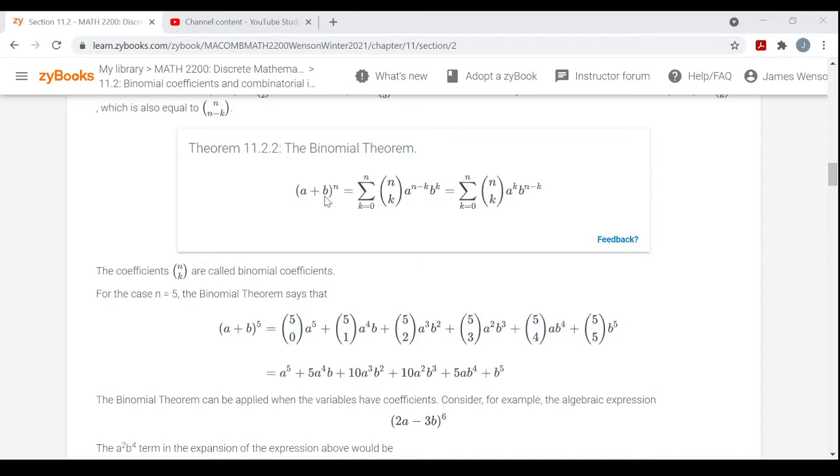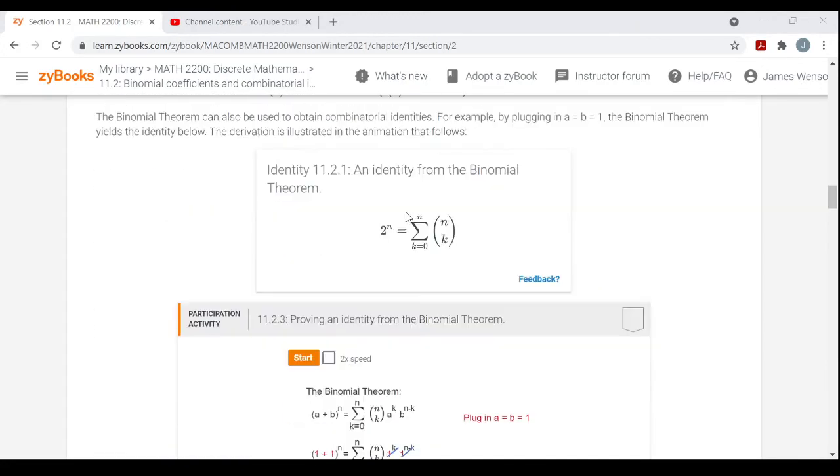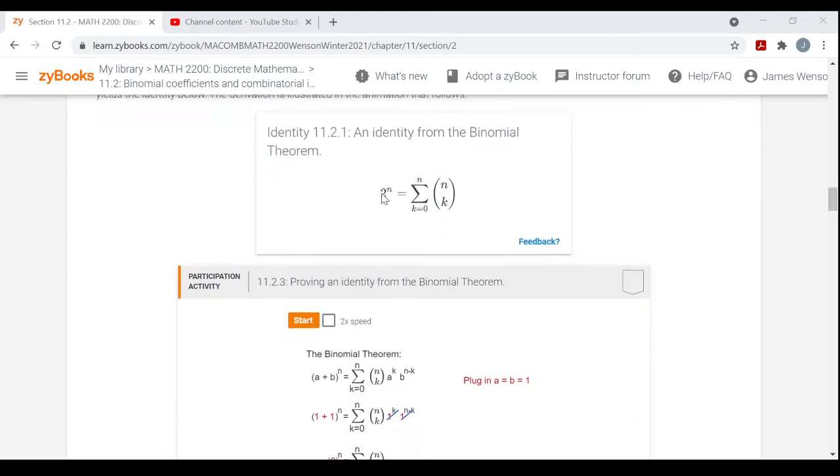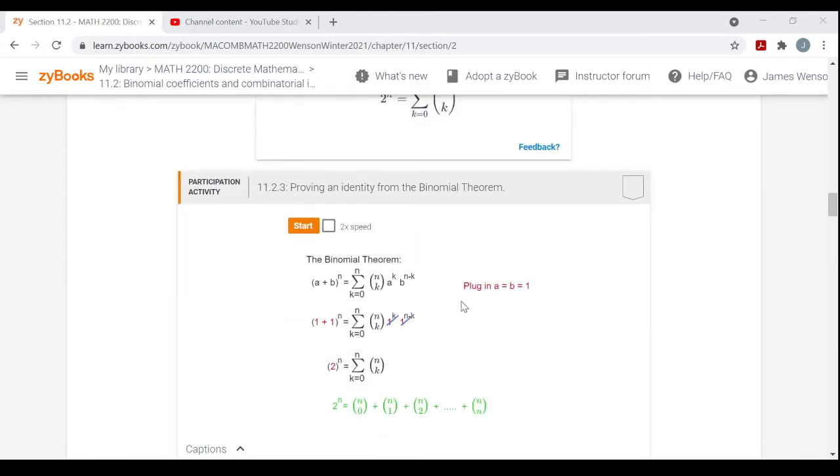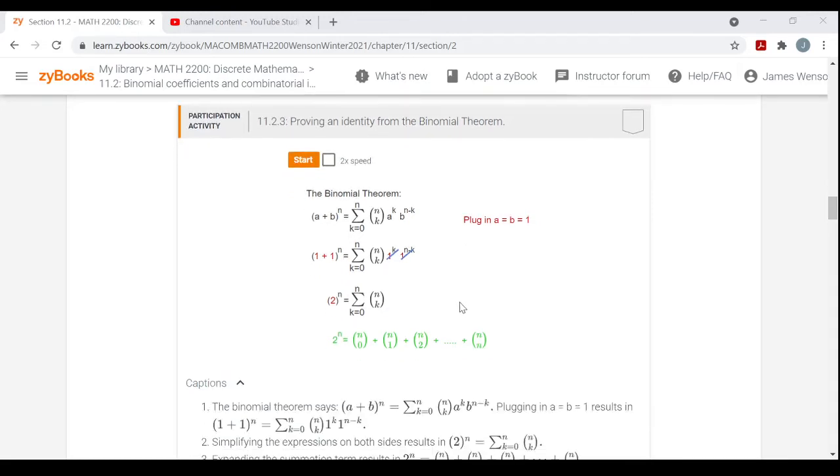Right? 1 plus 1 would be 2 to the nth on the left here. And then 1 to any power is 1. So those disappear, and then you just have the sum of the combination numbers, the sum of the n choose k's. And that's exactly what they do in the animation down here.